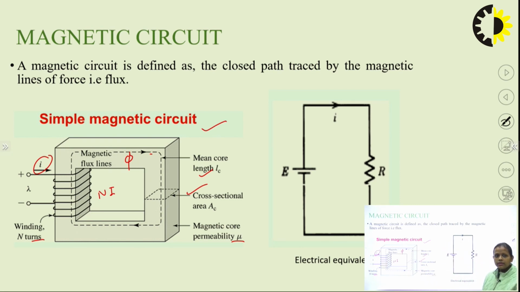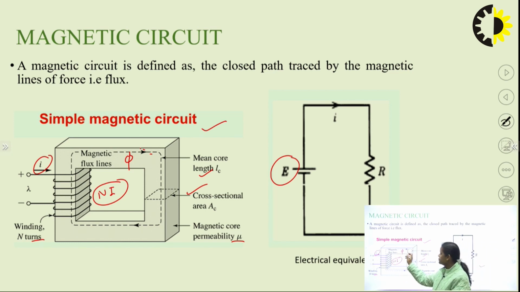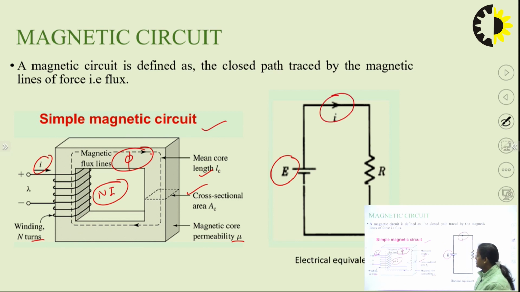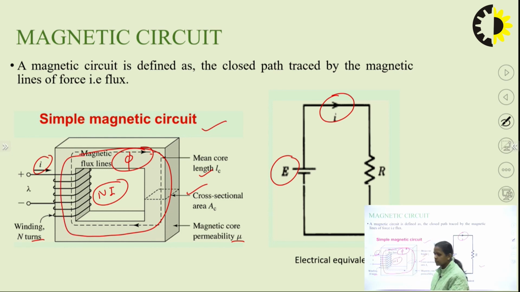And the equivalent electrical circuit of this magnetic circuit can be drawn like this. We know that the MMF can be replaced by the EMF in the electrical circuit, and the flux can be replaced with the current, and we have some reluctance of this core, right?